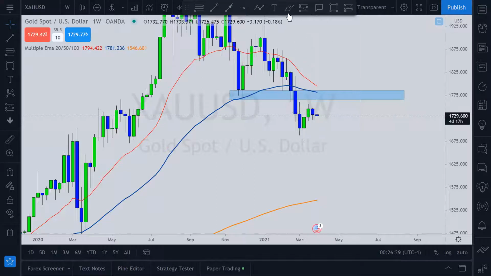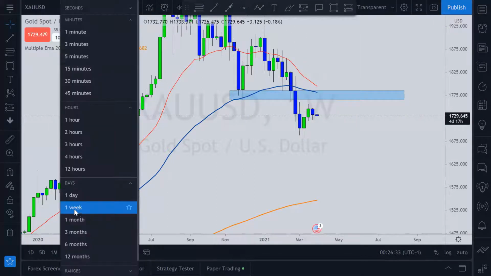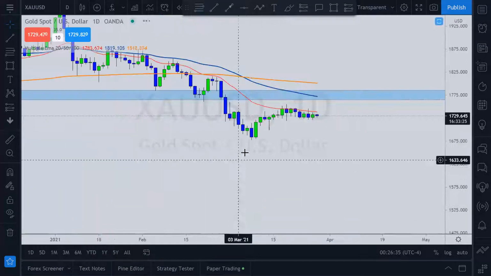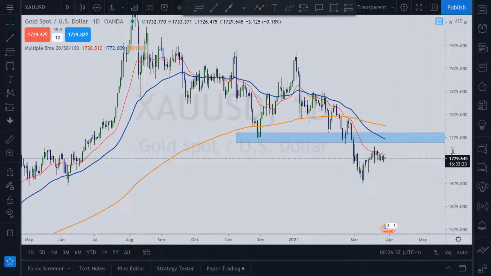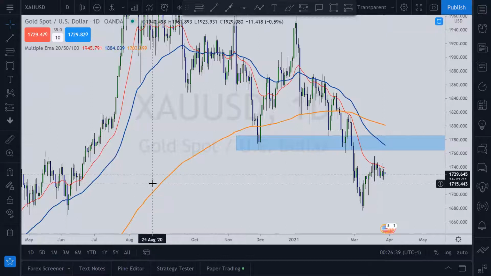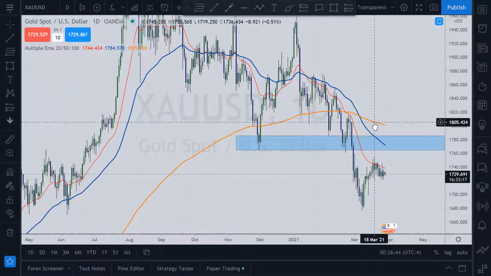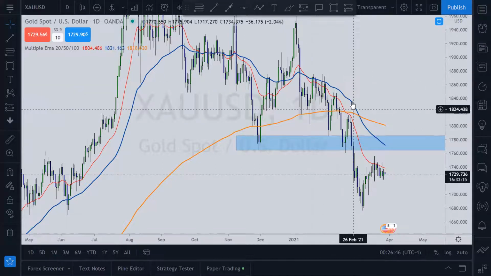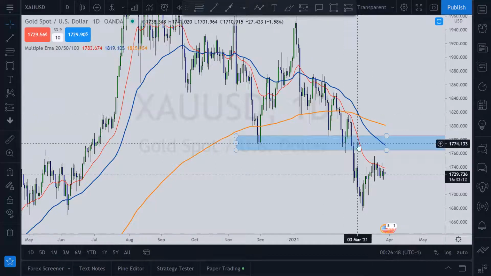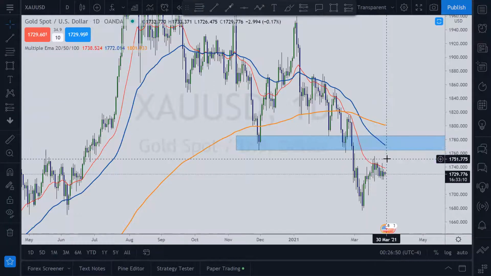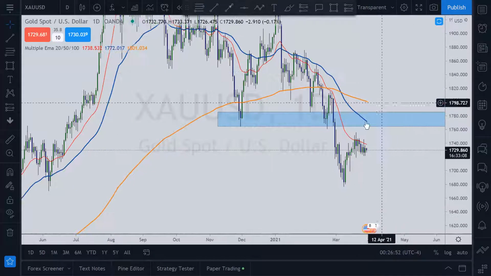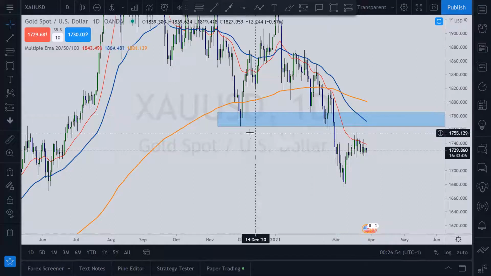Now let's go down to the daily and get a really good look. First thing I want to notice is the 200 is above price, and the 50 and the 20 are both crossing over and fanning out as the sellers are entering this market.